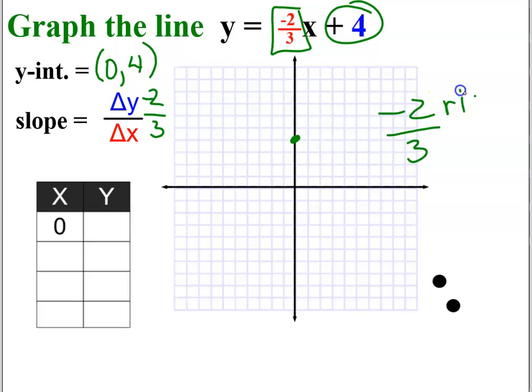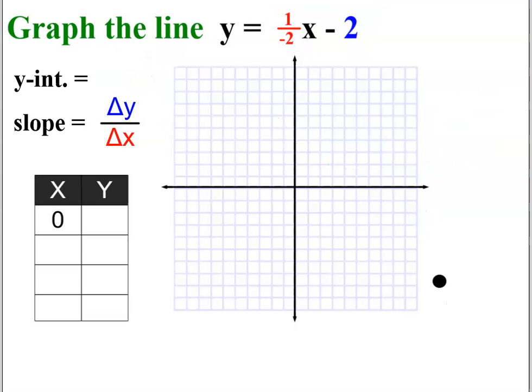The top number is the rise. The bottom number is the run. Look at the signs. The rise is negative 2, so I go down 2. But the run is positive 3, so I go to the right. Down 2, right 3. If you run out of space, connect your points and draw your arrows.